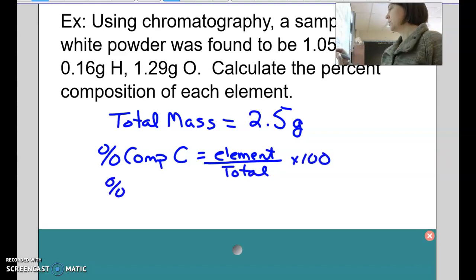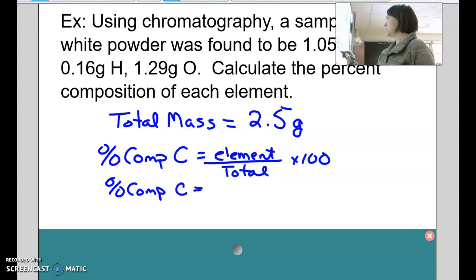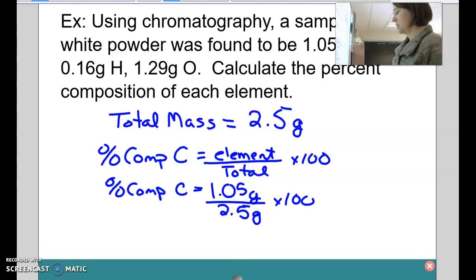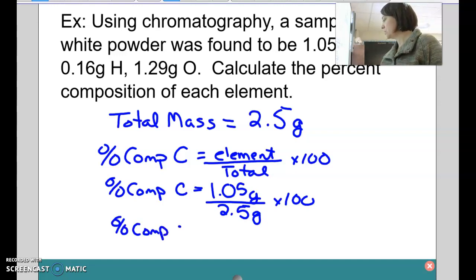And the percent comp of carbon is 1.05 grams over 2.5 grams times 100. And what do we get? 1.05 divided by 2.5 times 100. So percent composition carbon equals 42%.